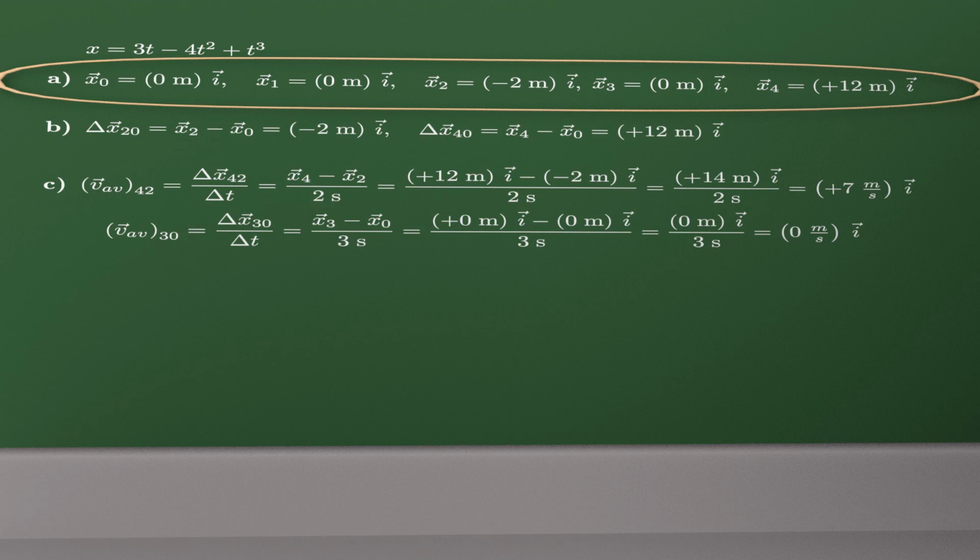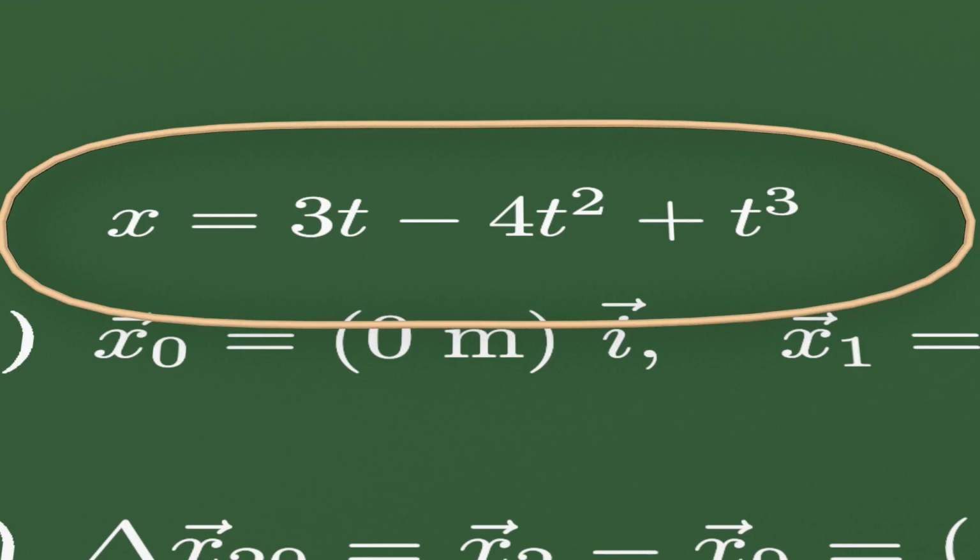In case A, we need to find the positions of the object at 5 different moments. So, it's very easy. Just replace t in this equation with 0, 1, 2, 3, and 4. At the beginning of the motion, replace t with 0.